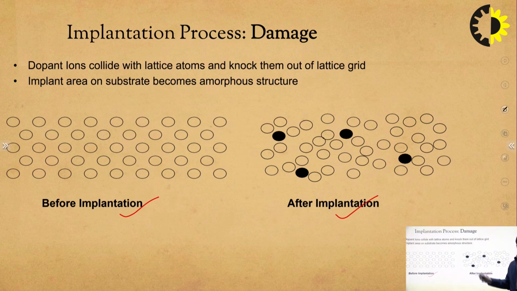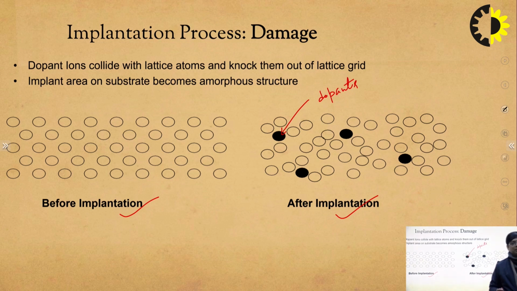The structure gets damaged. They are not at equal distance from each other, and also the dopant atoms get introduced into the lattice. So, these dark circles represent the dopant atoms. And this is the damaged structure, we can see here.